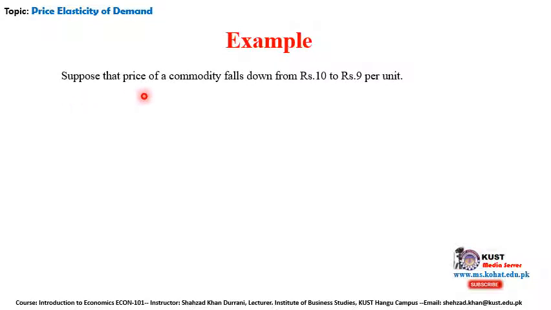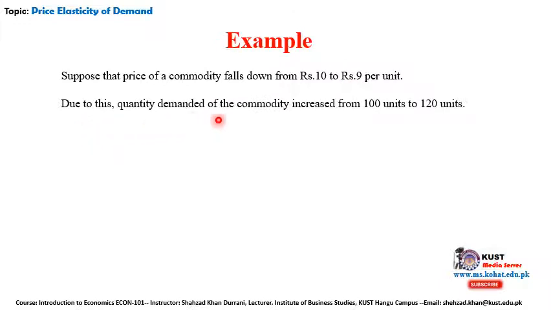Suppose the price of a commodity falls from rupees 10 to rupees 9. So it means that there is a decrease in price from 10 to 9, which is 1. Then the quantity demanded of the commodity increased from 100 units to 120 units.